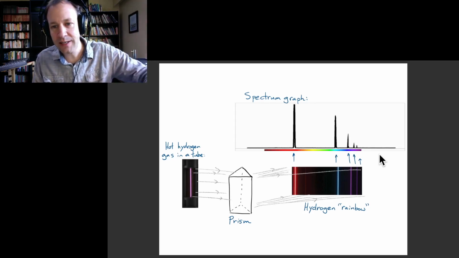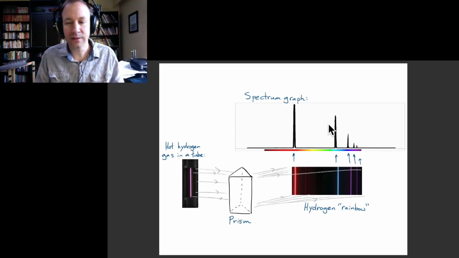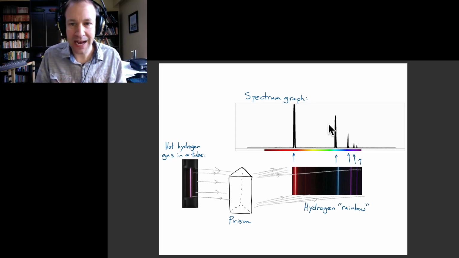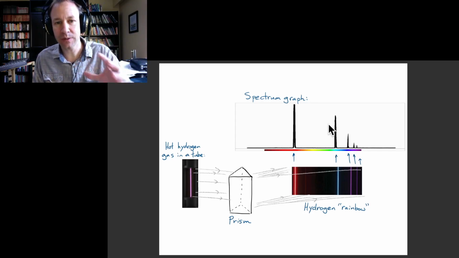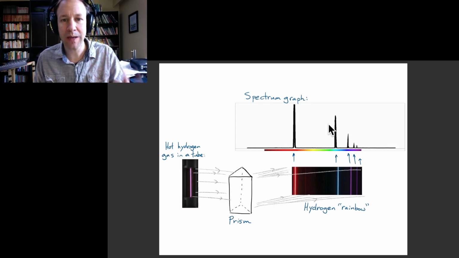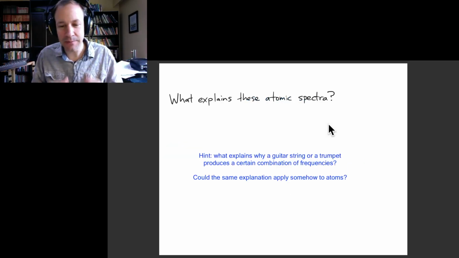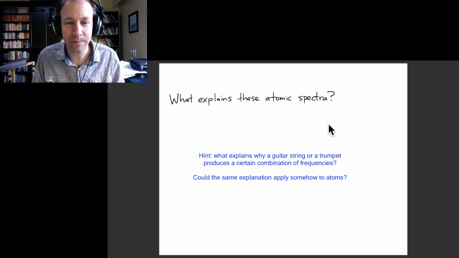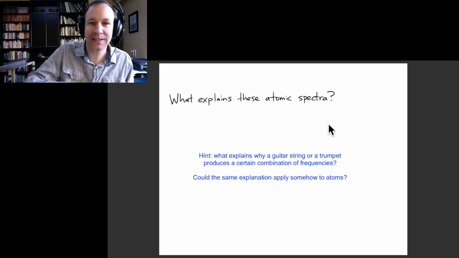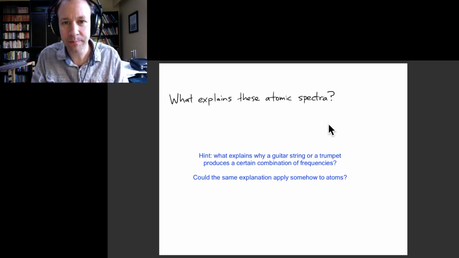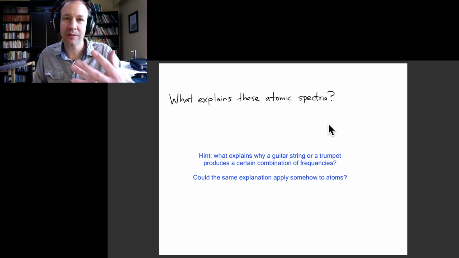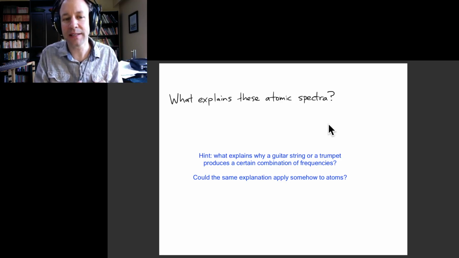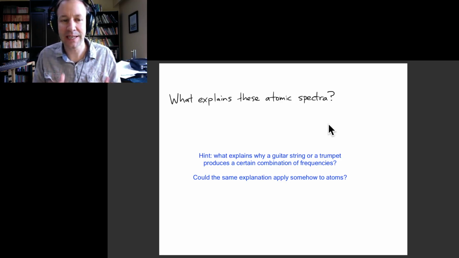So our question is, why do these pure atom systems, these simple systems, produce spectra that look like musical instruments? Why are atoms like the musical instruments of light? I'm going to end this video just with that question. It's interesting to contemplate this and see if you could come up with any ideas.